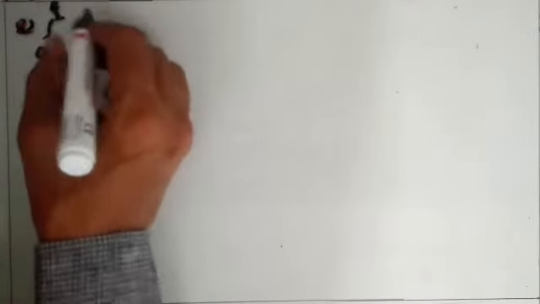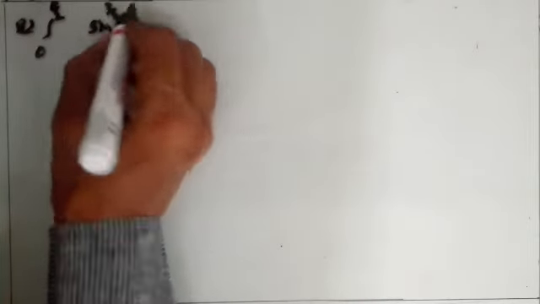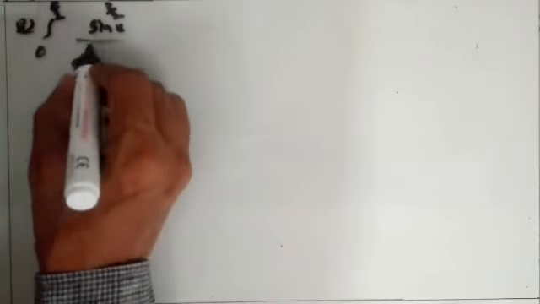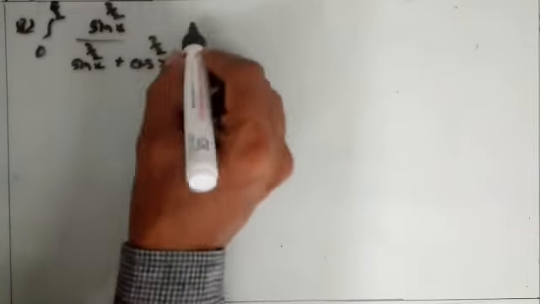Find the definite integration 0 to pi by 2 sin x raised to 3 by 2 upon sin x raised to 3 by 2 plus cos x raised to 3 by 2 dx.